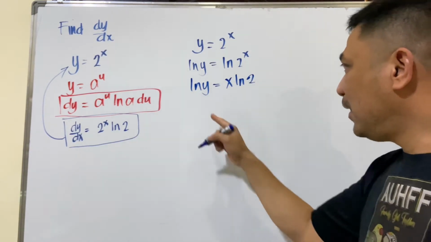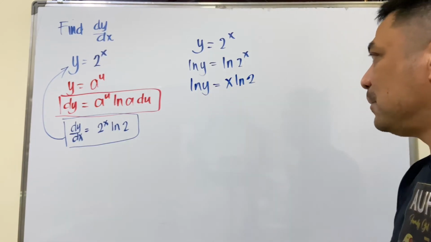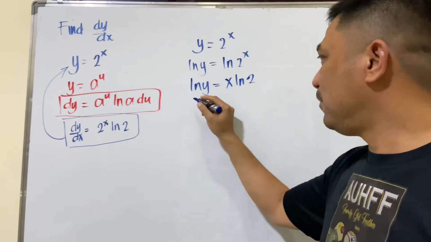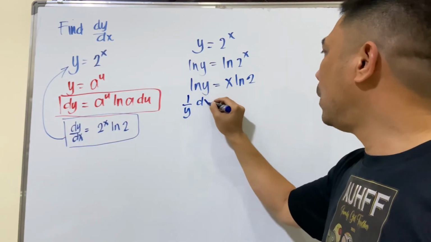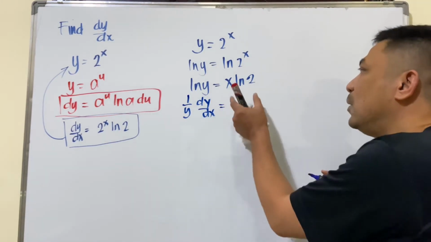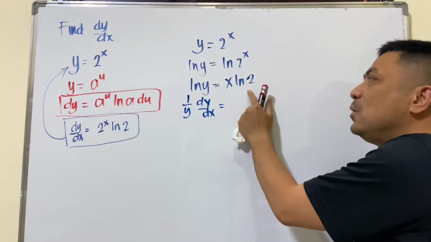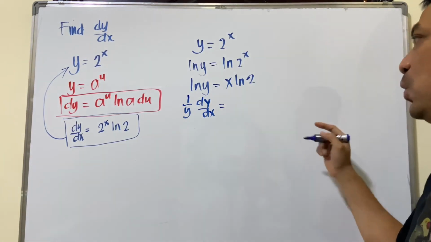And then you can simply apply the derivative. The derivative of ln y, if you remember, is 1 over y dy over dx, is equal to the derivative of this one, which uses the product rule: u dv plus v du.